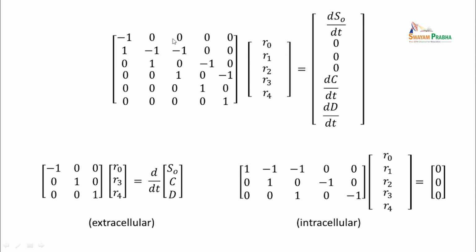So I've represented this as a matrix that represents extracellular metabolites and a matrix that represents intracellular metabolites. You can take a look at the details and convince yourself with time. Let us move forward now.